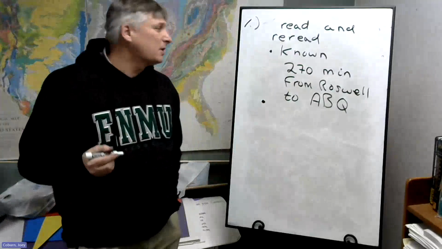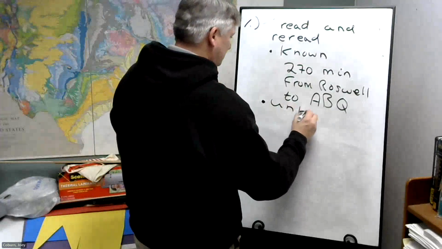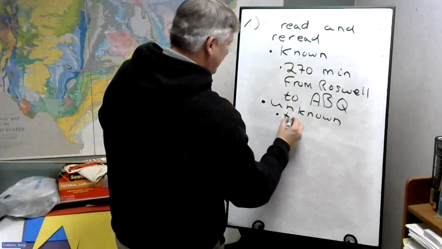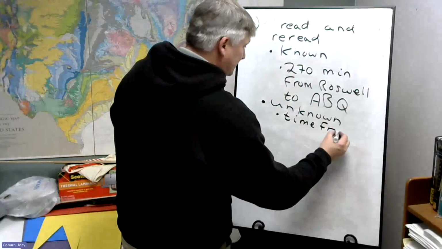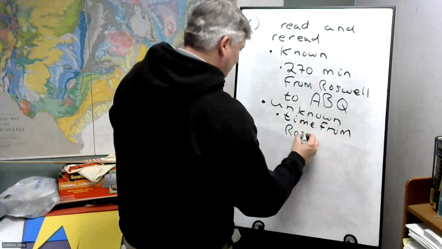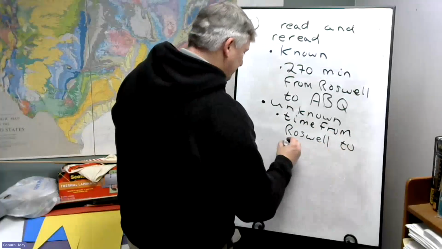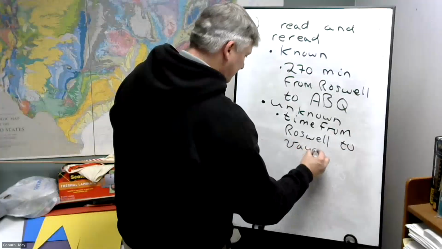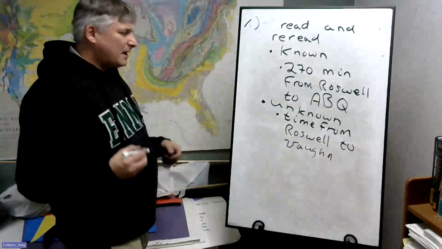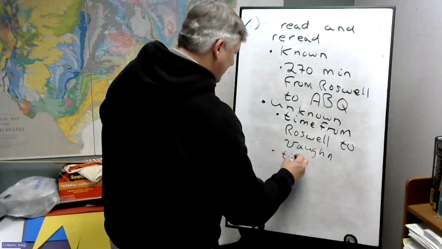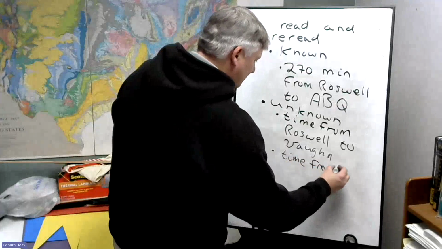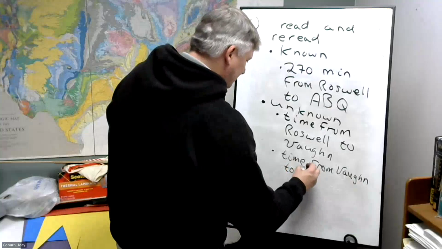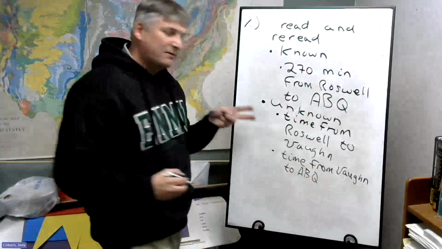There's two things we don't know, and both are times. One is the time from Roswell to Vaughan, and the other is the time from Vaughan to Albuquerque. We weren't given numbers for these.